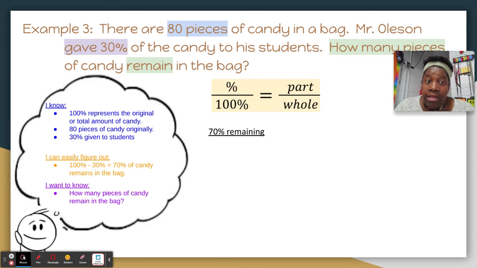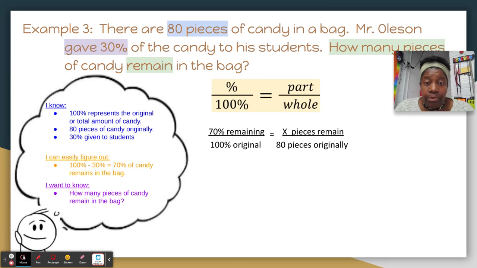The problem didn't say that, but I figured it out. And I know 100% represents the original amount of candy. Now, I want to know how many pieces remain, but I don't know that yet. So I'm going to use a variable. I'll use x. And I know that there were 80 pieces of candy in the bag originally.